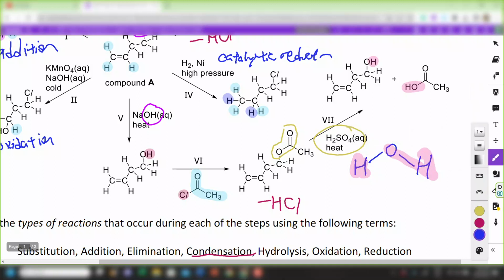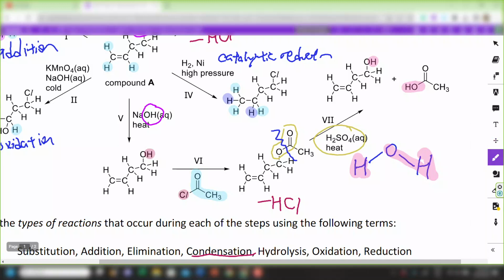In this particular reaction, water assists in breaking up the ester. This kind of reaction is known as hydrolysis. Hydro means it involves water. Lysis means it involves the breaking of some bonds. In this case, it's the breaking of the ester linkage. In particular, this is the bond that is broken.